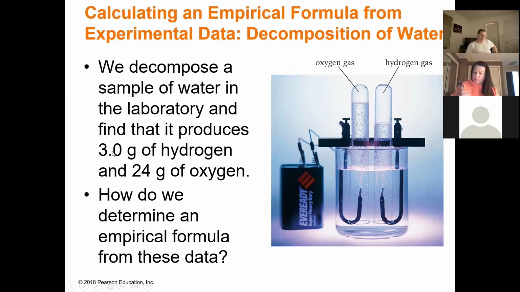Let's assume that we have decomposed water using a battery. This is something you can do. And we end up with a separation of hydrogen gas and oxygen gas. And specifically, I get 3 grams of hydrogen and 24 grams of oxygen. How do I determine the empirical formula for this data? So I'm going to go to our whiteboard here.